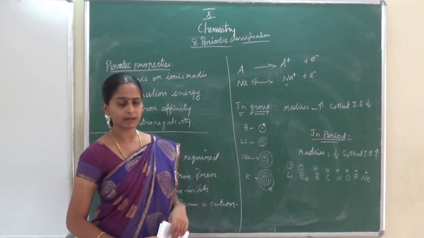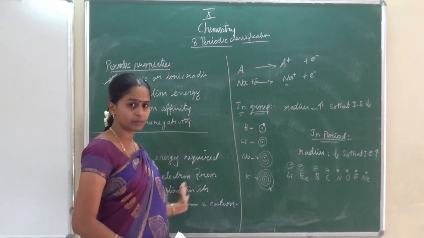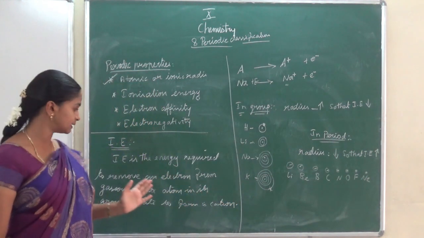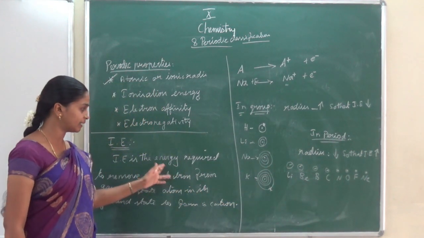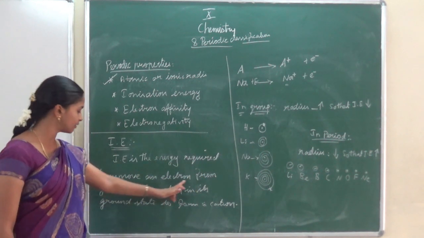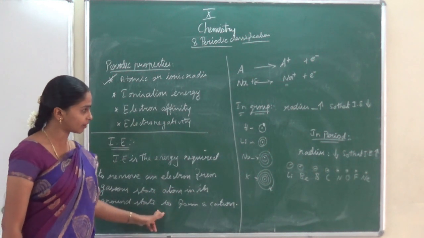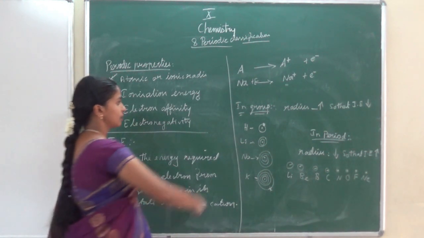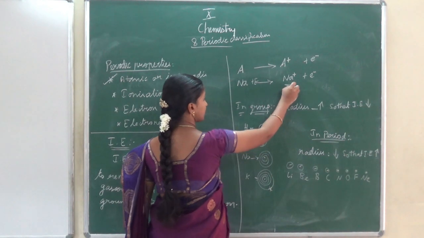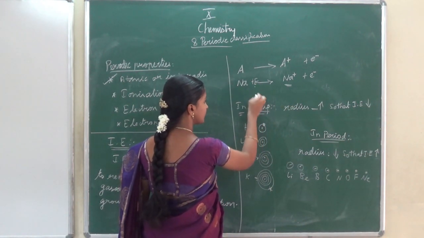That's all. Can you understand what ionization energy is and what its trend is in a period and group? What is ionization energy? Ionization energy is the energy required to remove an electron from a gaseous atom in its ground state to form a cation. So here we are spending energy, based on the size.